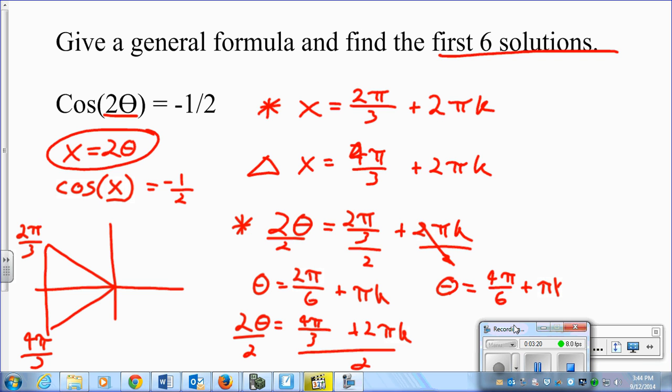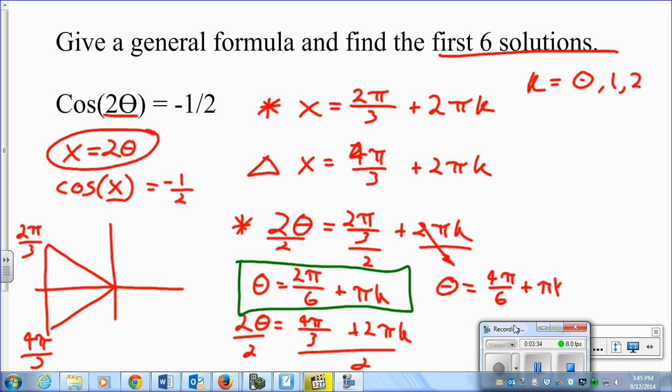After I have those, I can go ahead and find my first 6 solutions. I'm going to let k equal 0, 1, and 2. Let me switch colors here. For this problem, when k equals 0, I get 2 pi over 6.